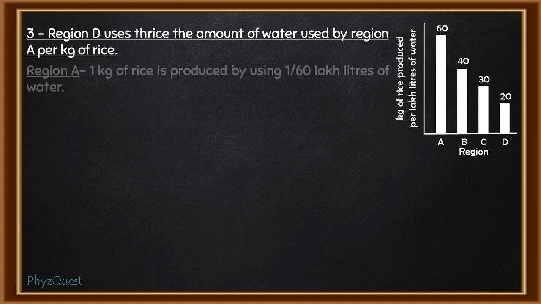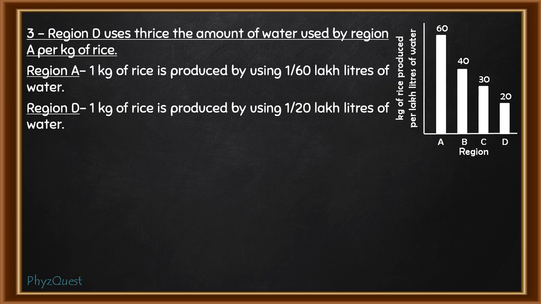That means, to produce 1 kg of rice, region A will need 1 by 60 lakh liter of water. Now for region D, to produce 1 kg of rice, it is using 1 by 20 lakh liter of water.